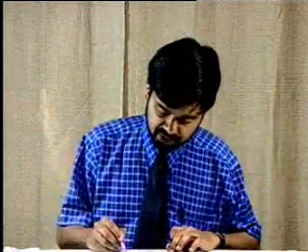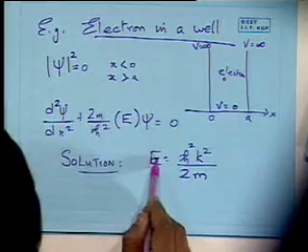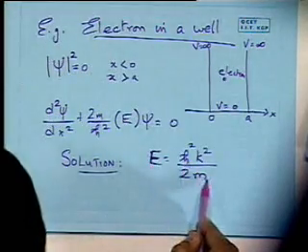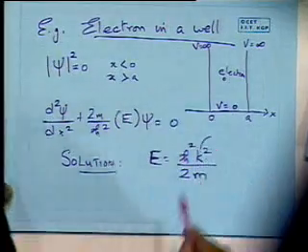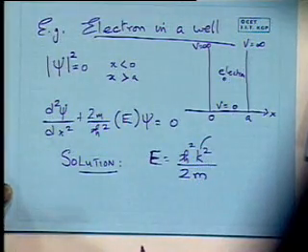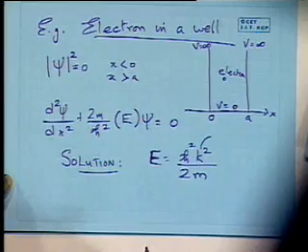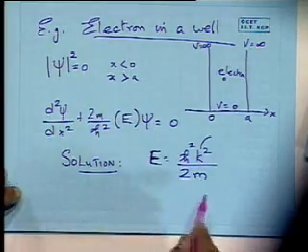So if I want to know how the electron's energy behaves, this is a constant and this is a constant. I want to know the behavior of k. Can k have any arbitrary values is the question. If it can, then the electron can have any arbitrary energies it wants.